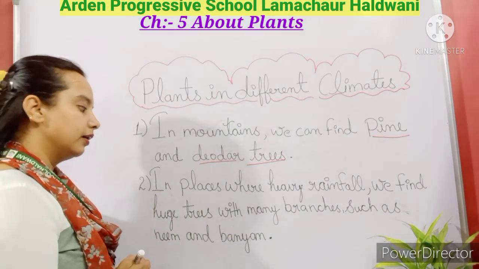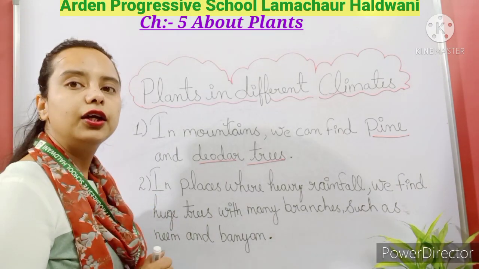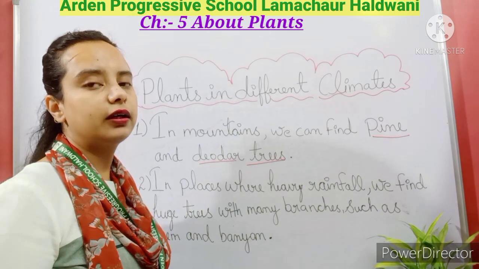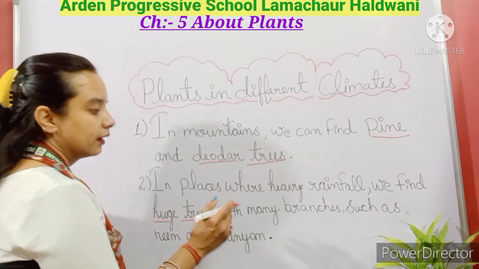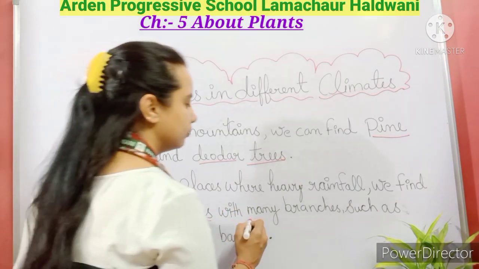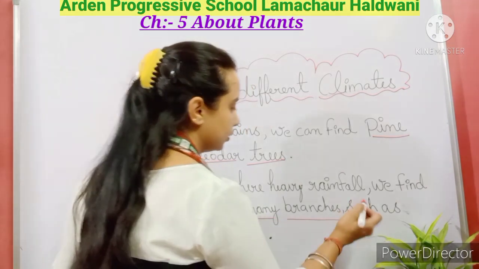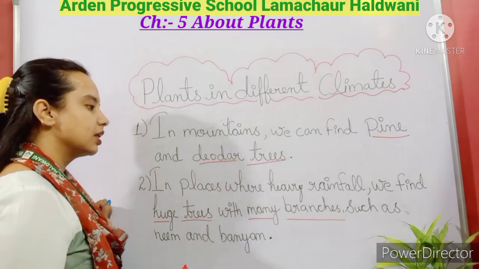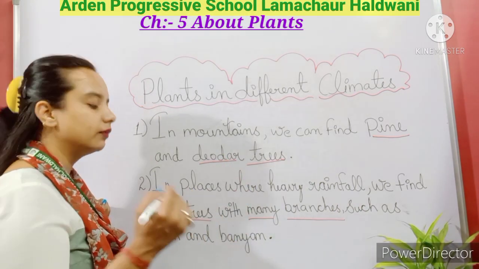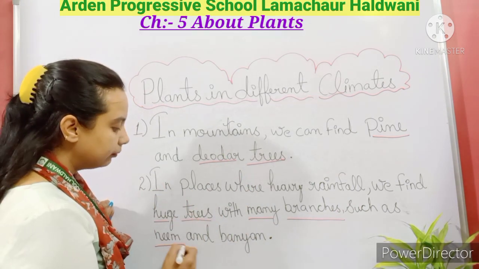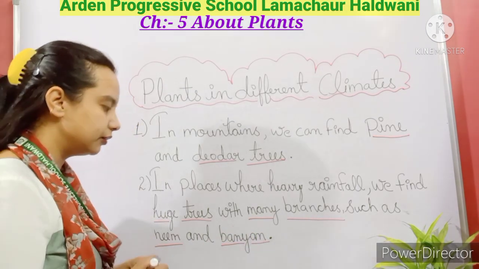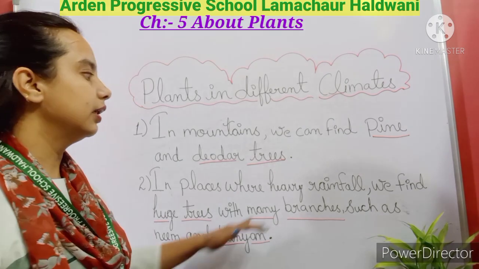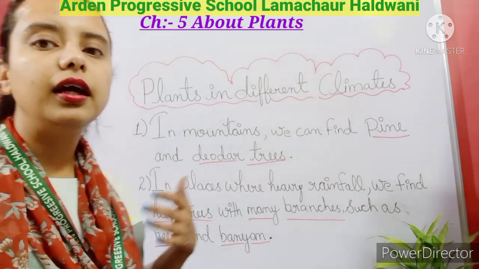So in that region we can find huge trees. Huge trees means very big trees with many branches. Such as neem and banyan. These are examples of trees we can find in the places where heavy rainfall takes place.